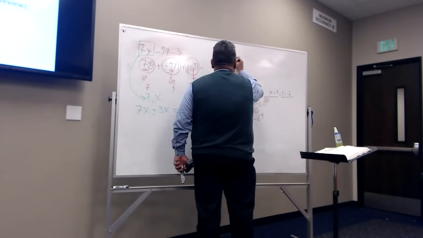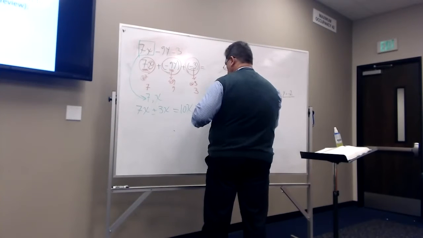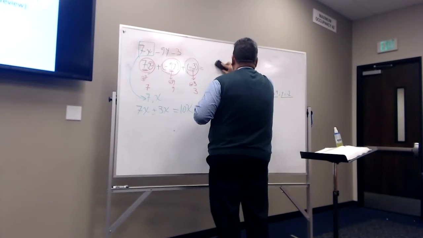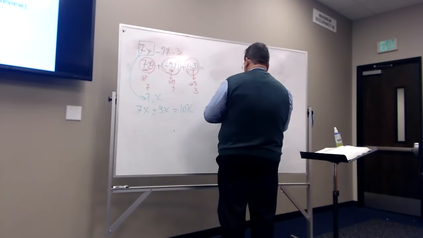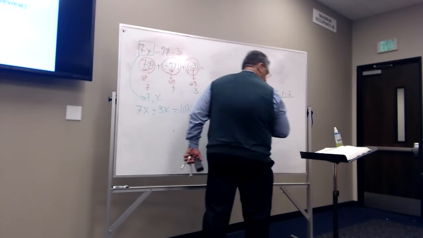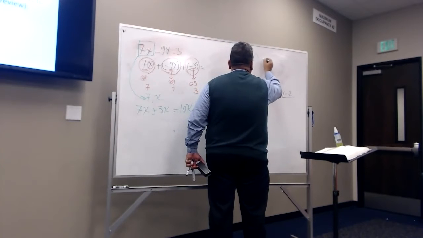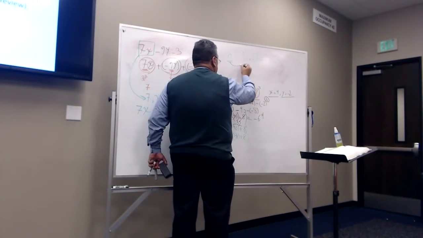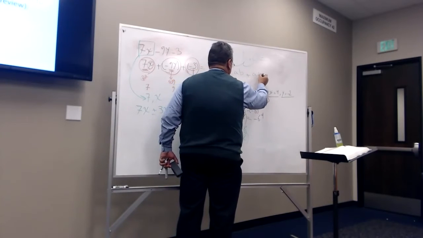A times B plus C. Distributive property. The value of A is distributed between these two. It's equal to AB plus AC. Yes?